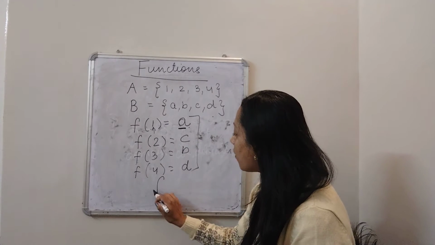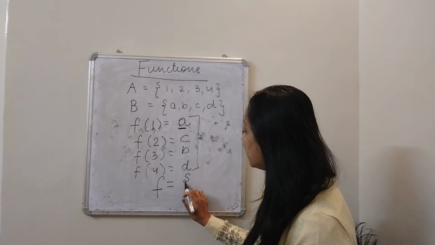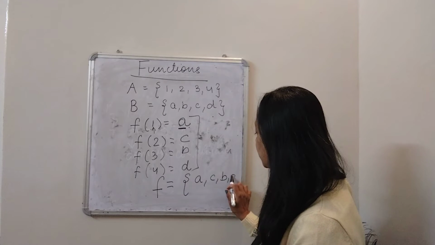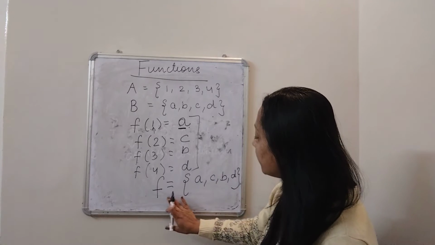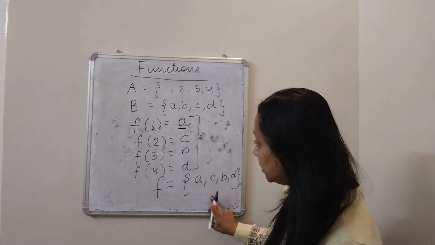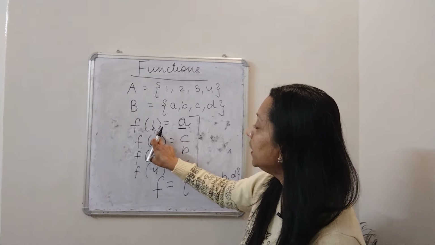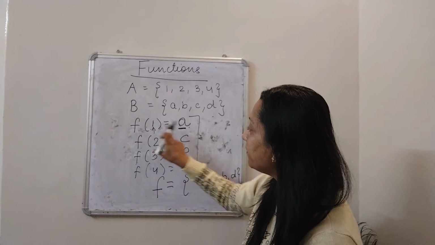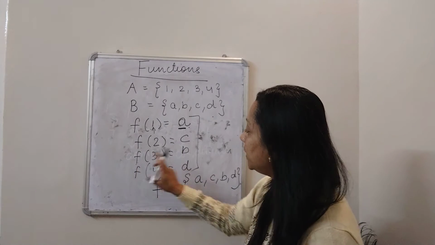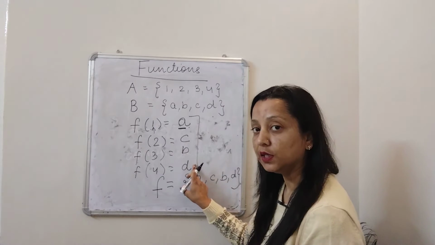So the set of images of function f is A, C, B, D, and individually the image of 1 at f is A, the image of 2 at f is C, the image of 3 at f is B, and the image of 4 at f is D.